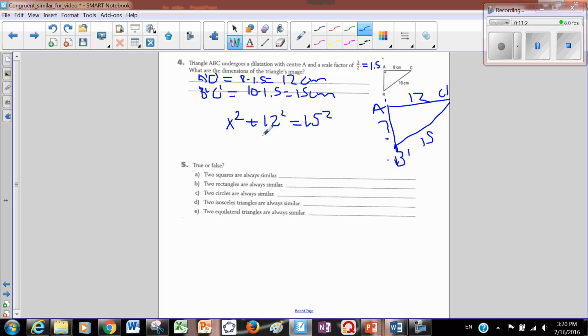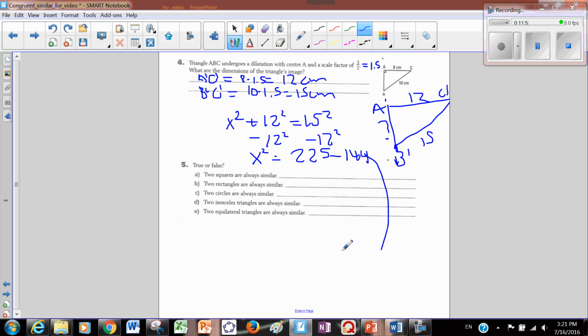So if I have plus 12 squared here, I'm going to minus 12 squared on both sides. I'm going to have x squared is equal to 15 squared. That's 225. Minus 12 squared, that's 144. And so 225 minus 144. And then, so that's 81.